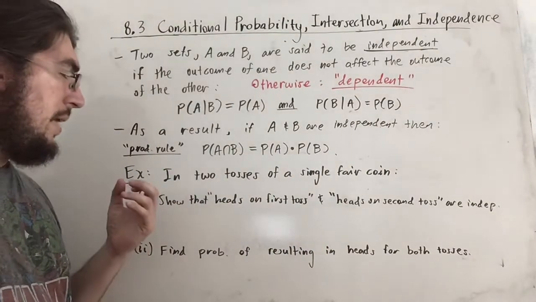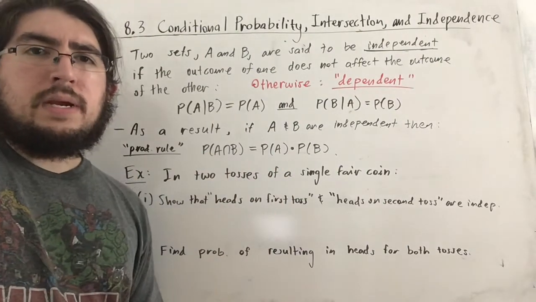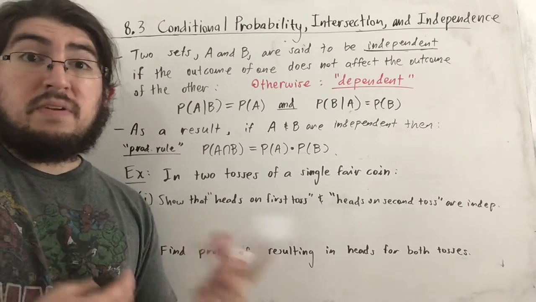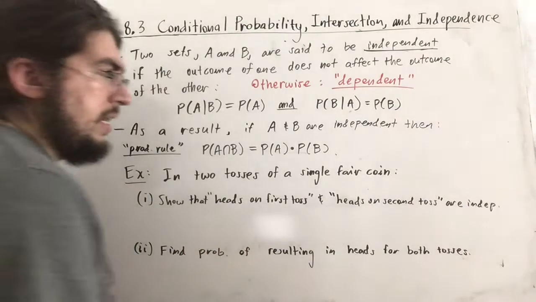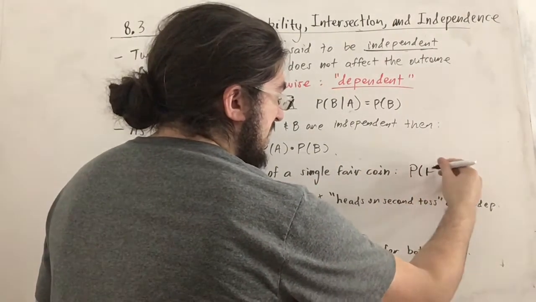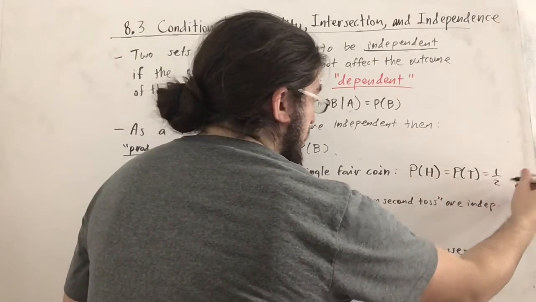So now onto this example, it says in 2 tosses of a single fair coin, meaning that the probability of getting heads or tails would be the same, so it's 50-50 chance, so each of the probabilities is 1/2. So let me denote that here. So this means that the probability of heads is equal to the probability of tails, which is 1/2.